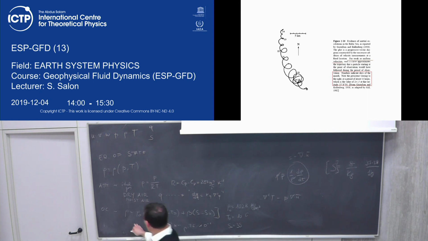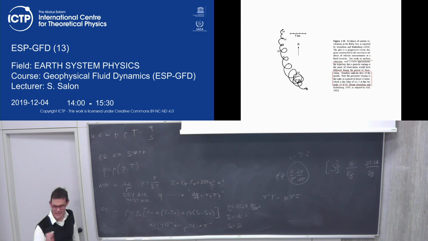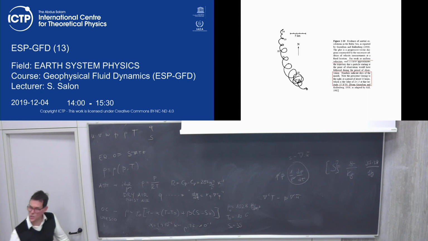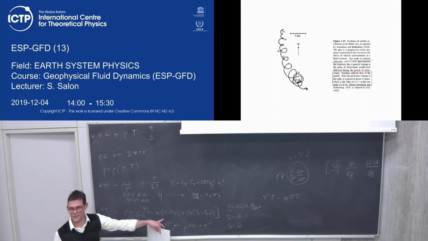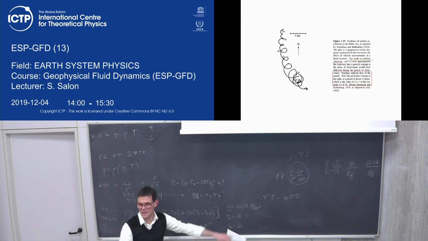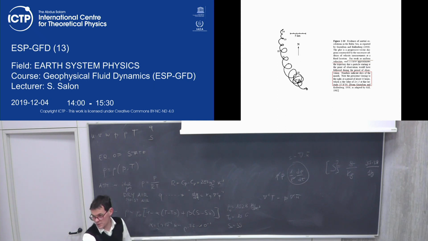So, of course, this equation here is empirical. You will find it as a standard, which is usually called UNESCO. All the oceanographers meet sometimes, and they say, okay, I want to change alpha, I want to add some terms, it's a polynomial, of course.